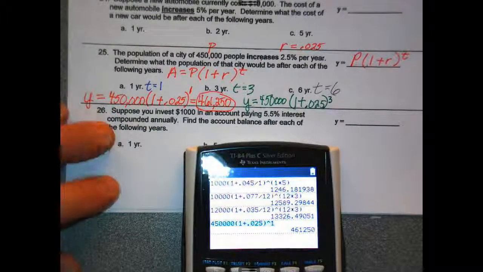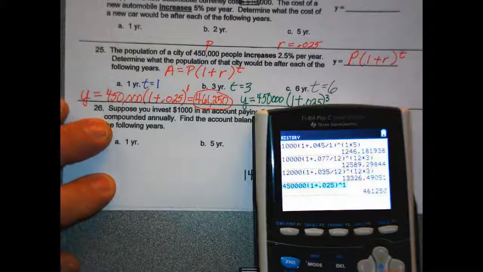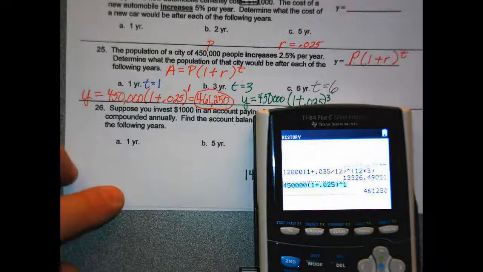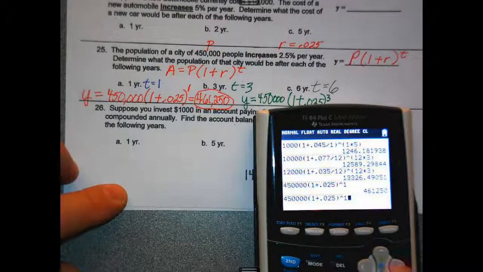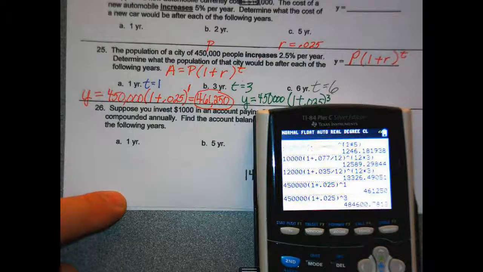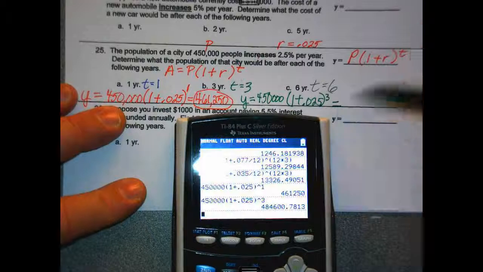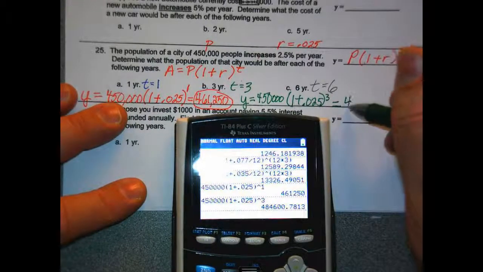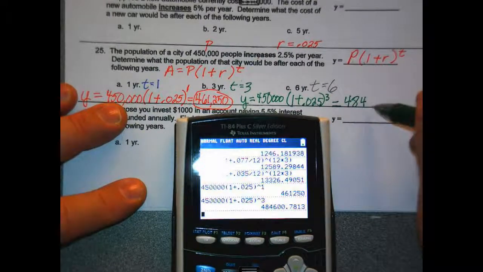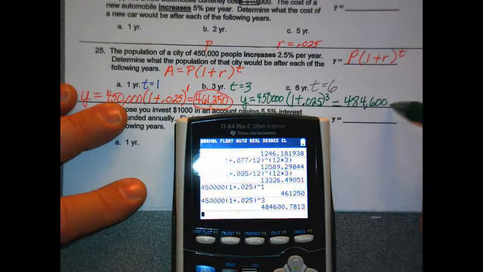Now, I don't know if your calculator lets you do it, but on this one, you can copy the formula and just change that 1 to a 3 and enter. Not sure if your calculators do it. Does it work on yours?